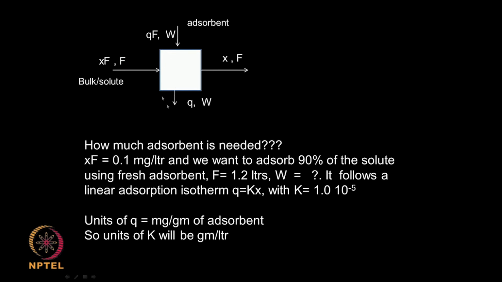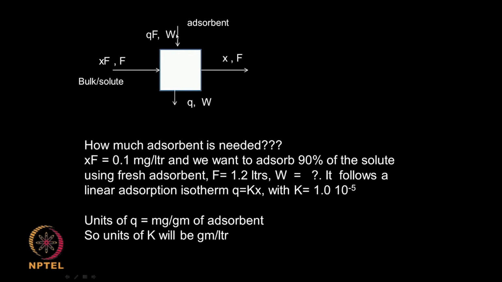This is a useful mass balance equation, because I want to calculate the amount of adsorbent, that is the amount of solid, I should take. It could be silica gel or carbon or zeolite. And I want to adsorb 90% of whatever solute is entering. The solute is entering at a feed concentration of 0.1 mg per liter, and F is 1.2 liters.